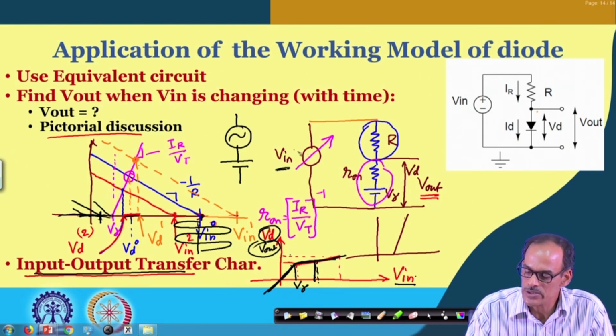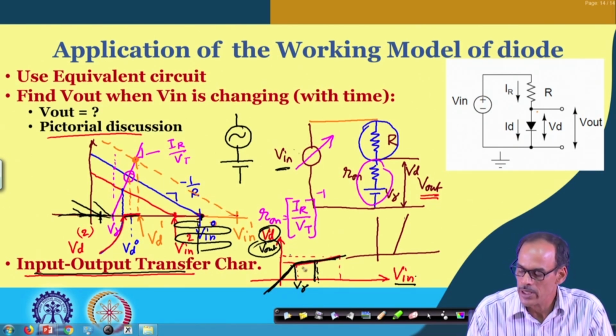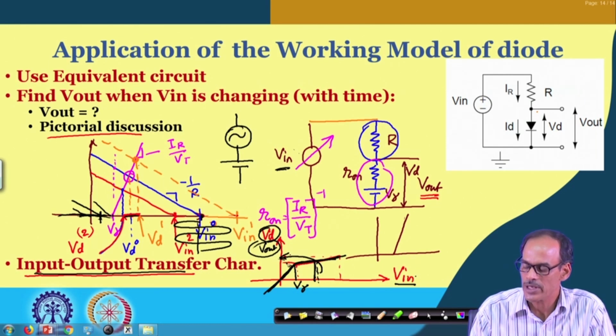Instead of varying this input voltage arbitrarily and maybe over a wide range, if we restrict this variation within this range, and if the variation has a certain pattern, then this linear segment suggests that at the output you will also get a similar kind of pattern without much distortion.